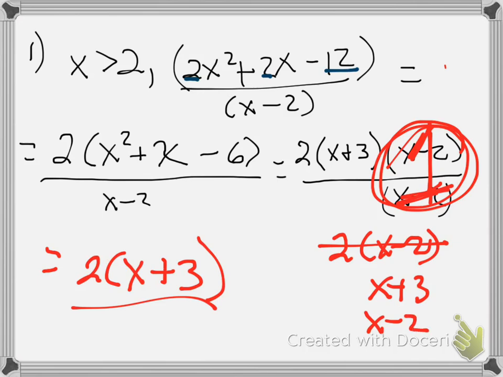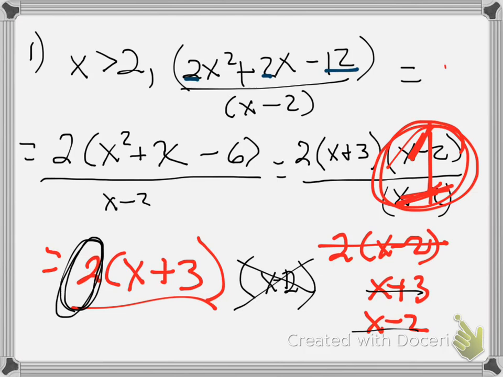Remember, we were simplifying this thing, so there had better be a 2 in your answer someplace, or a factor of 2. Both of those are gone, so now, believe it or not, that leaves 2 answers: one is x plus 3 times x minus 2, and the other is 2 times x plus 3, which of course is the right one. So you can go through this one and probably eliminate some choices before you get to 2 times x plus 3.